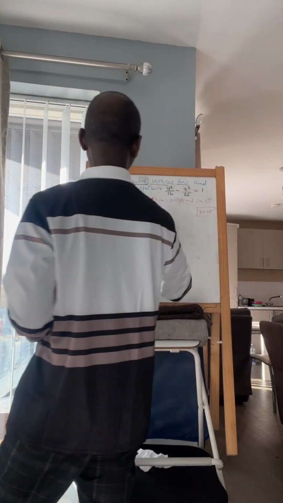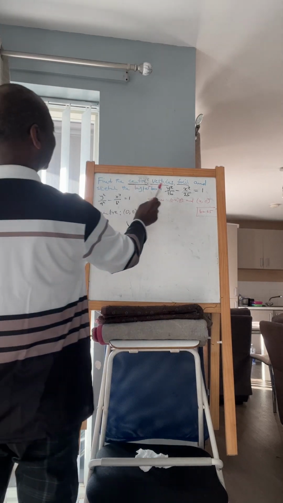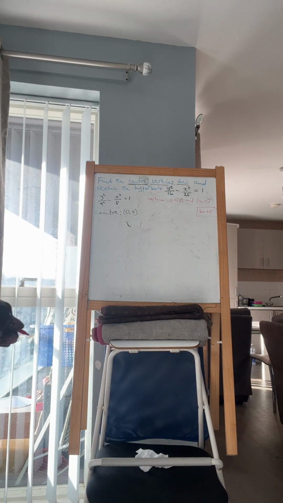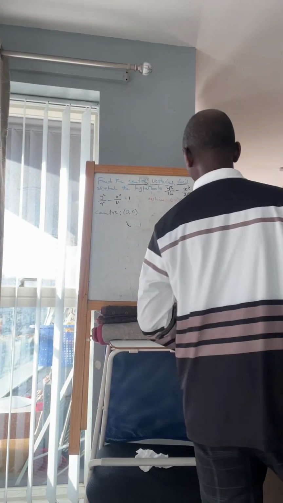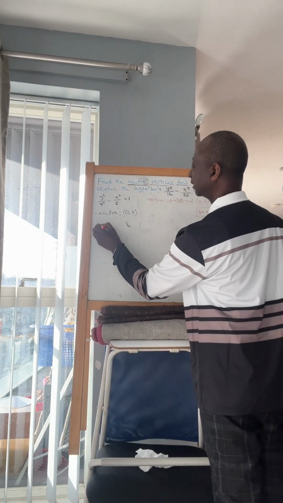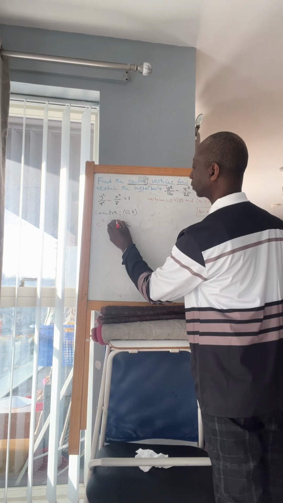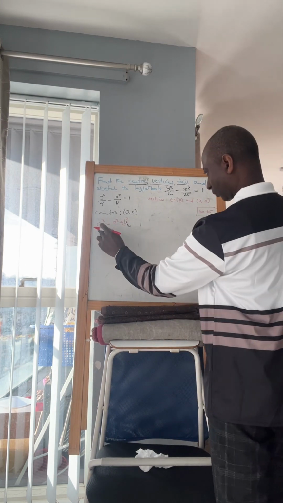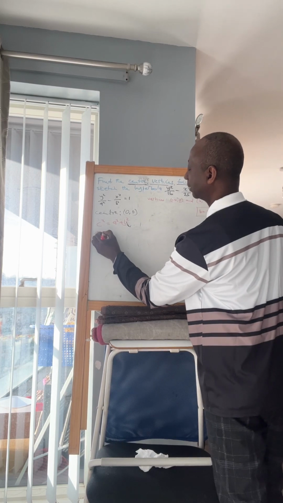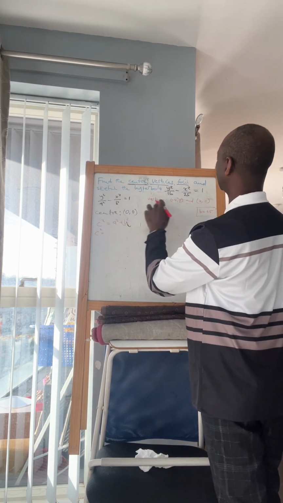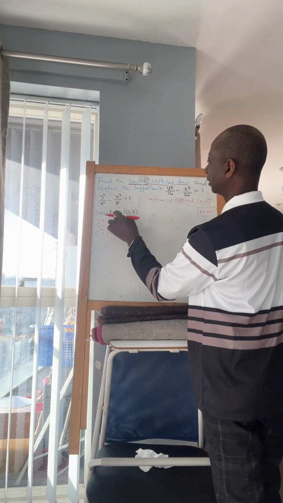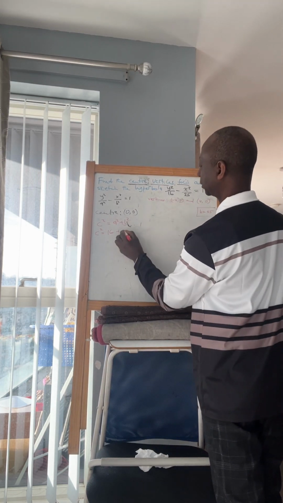We've calculated the center and the vertices; the foci is what is left. To calculate the foci, we use the formula c squared equals a squared plus b squared. So c squared equals a squared, which is 16, plus b squared, which is 25.